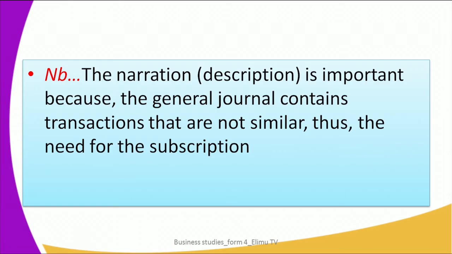Why are we saying that they are not similar? When you look at the examples, you'll come to find that. If you look at the sales journal, which you did earlier on, you'll find that the sales journal records all transactions involving sale of goods on credit, sale of stock on credit.